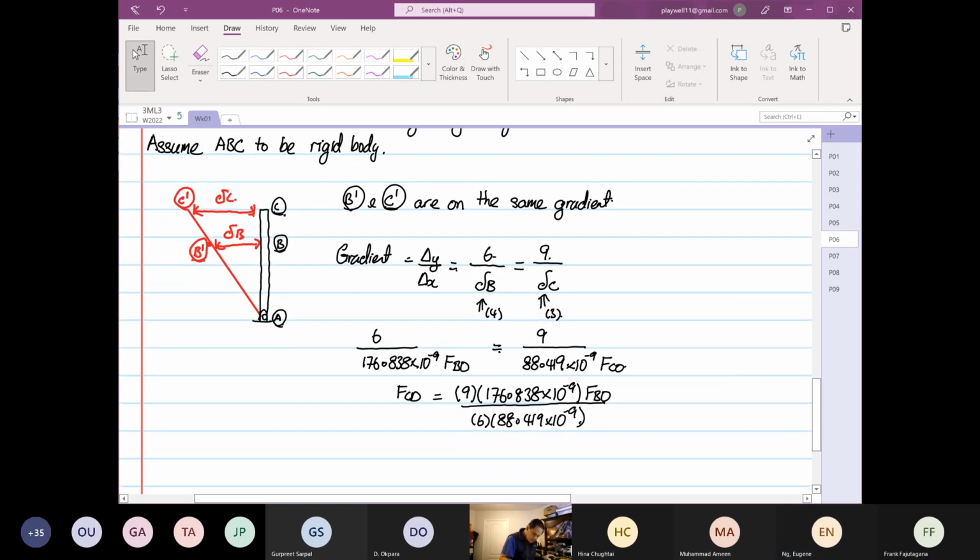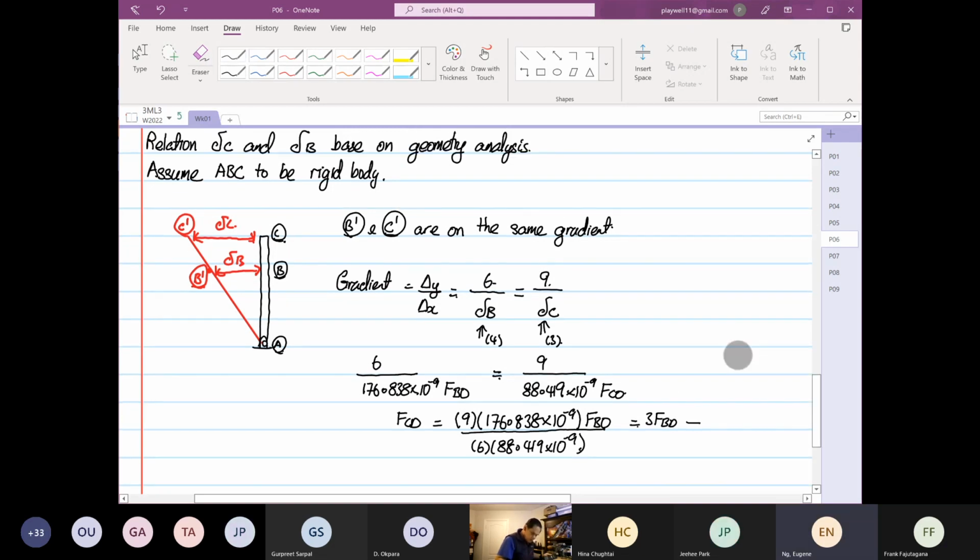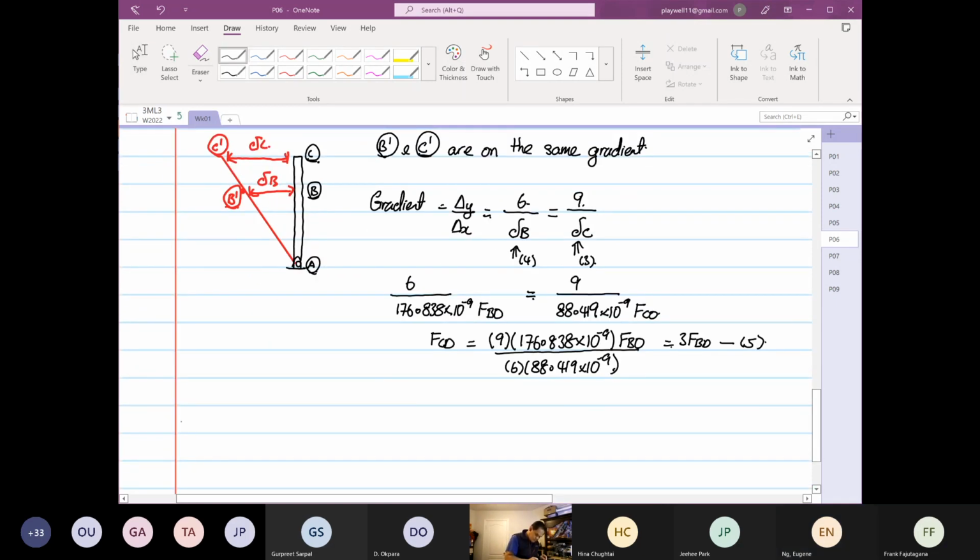So this will be equal to 9 divided by 6 and 176.838 divided by 88.419, which is equal to 3, so 3 FB naught. This will be our equation number 5. So we are almost done. We're going to substitute equation 5 into our equation number 1.